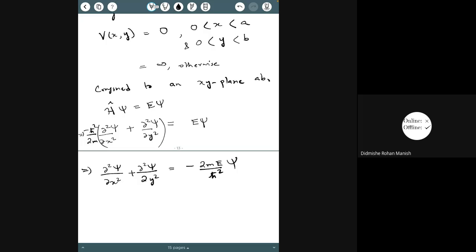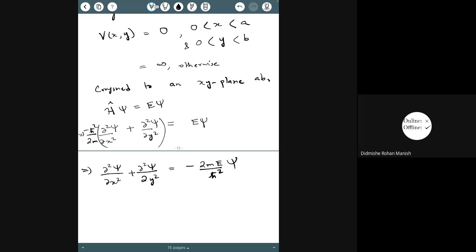Yeah, so basically the motions in the x and y direction are independent. The momentum in the x direction gives you a certain kinetic energy. The momentum in the y direction gives you another kinetic energy, and the sum is the Hamiltonian. So they're independent.